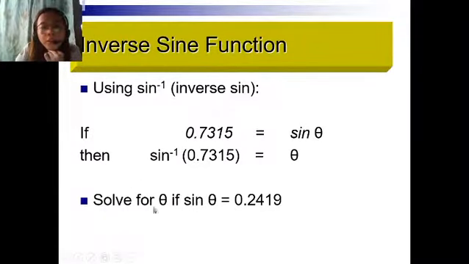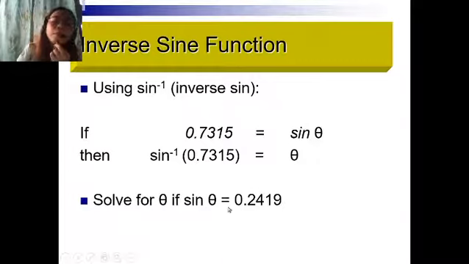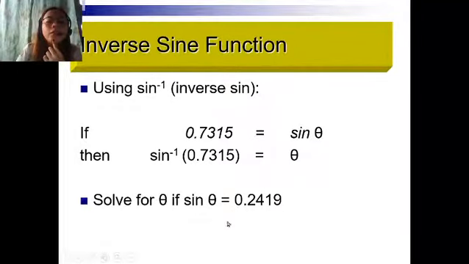So solve for the theta if sine theta is equals to 0.2419. So ano yan ang answer? So we just have to invert it. 0.2419 multiplied sa aton nga sine to the -1 nga power.